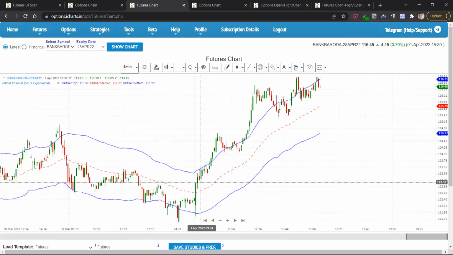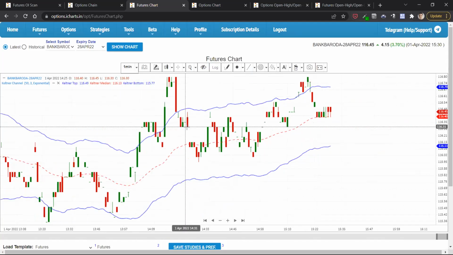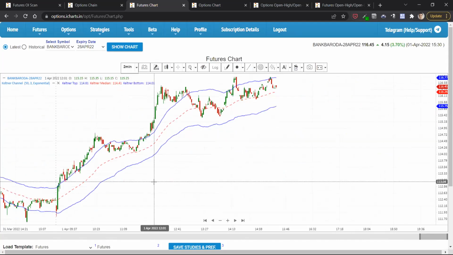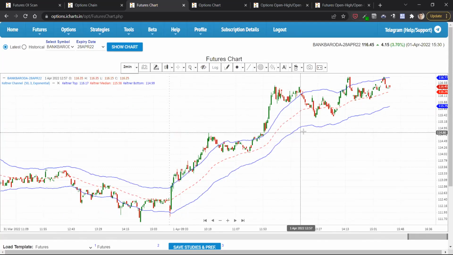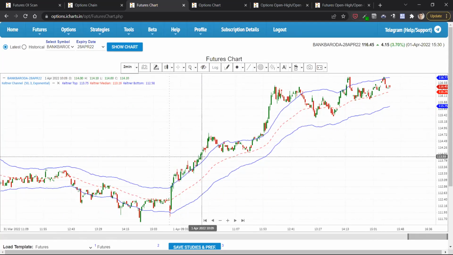You need to, based on this, take this distance. If you are entering a bullish trade here, then either have your stop loss below this red line here, or if you are still on a lower time frame, whatever time frame you're taking, wherever you have your stop loss, if you are taking it below the lower band, this distance should be comfortable to you.